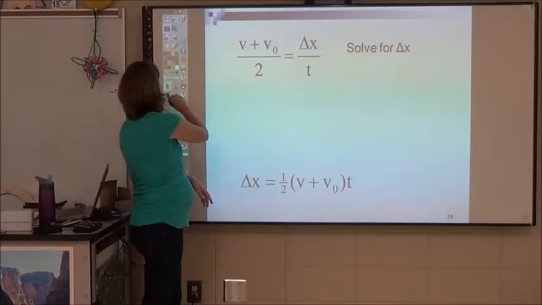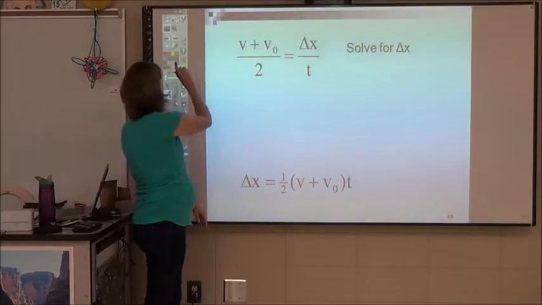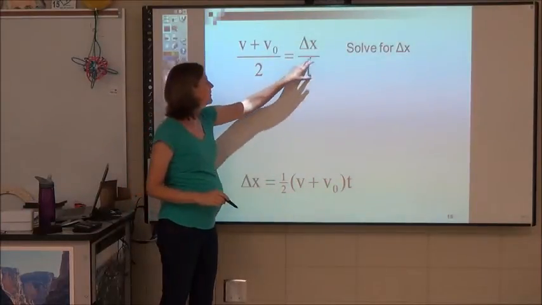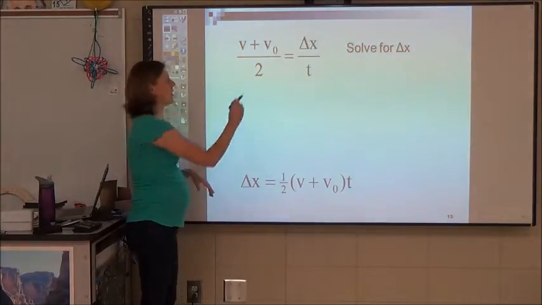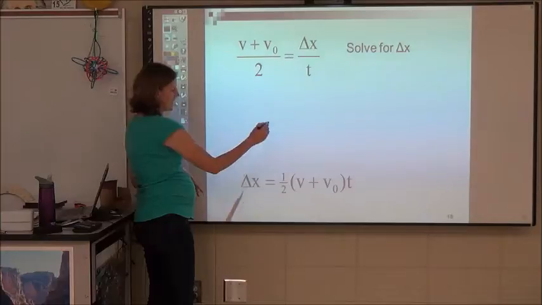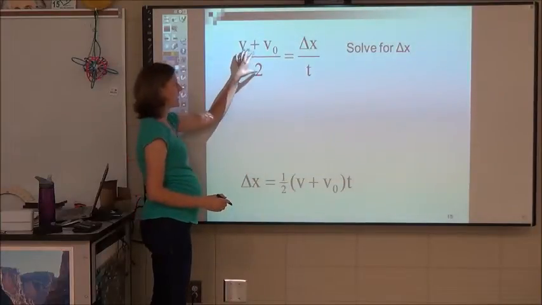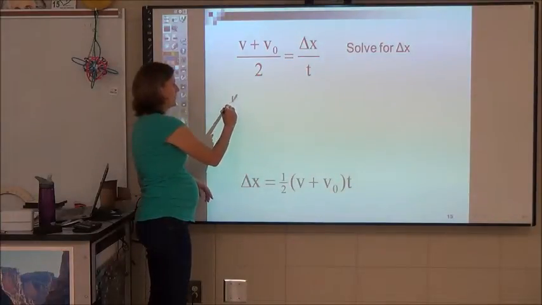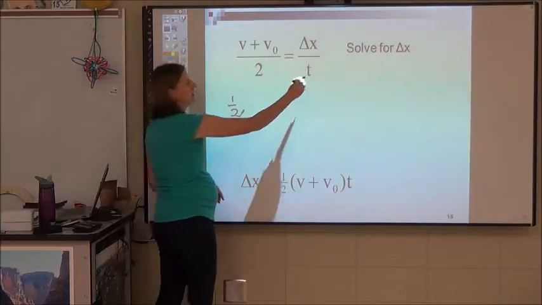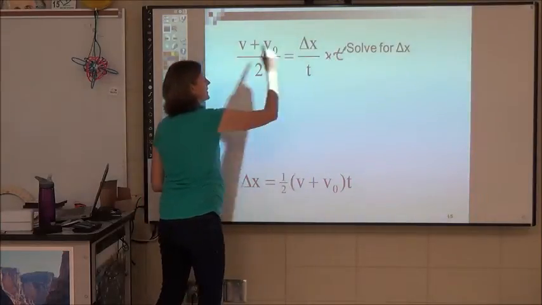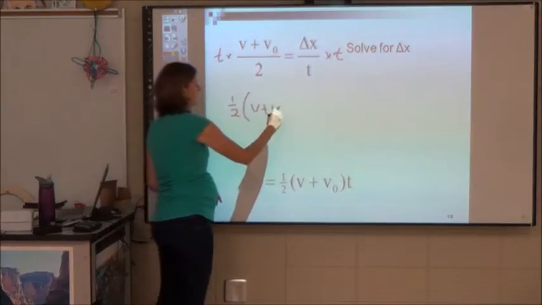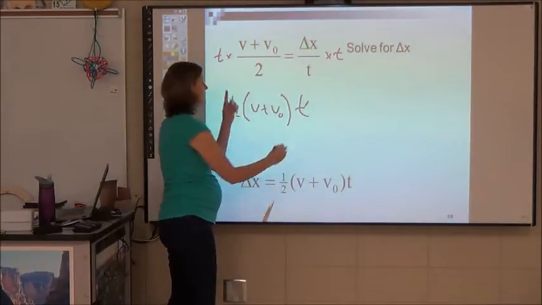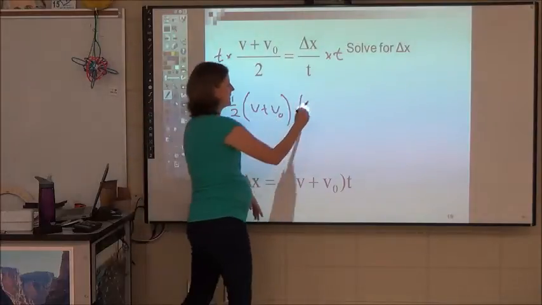And I will show you this one, although there, of course, is the answer. If I want to solve for displacement, distance, all I've got to do is get that t to the other side. And the way it looks down here, we did kind of pull out that half. So pull out the half, multiply both sides by t. The t just gets stuck on the back, doesn't matter.